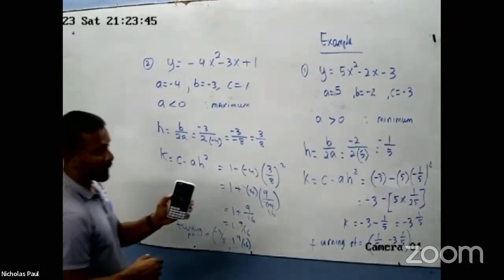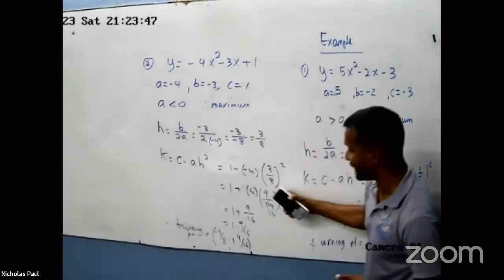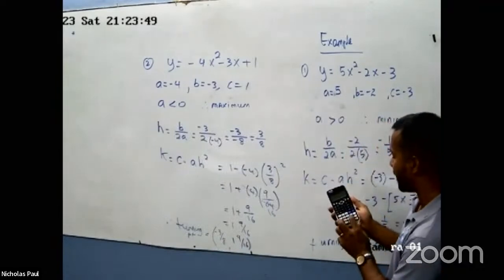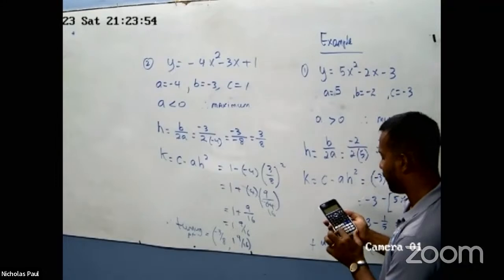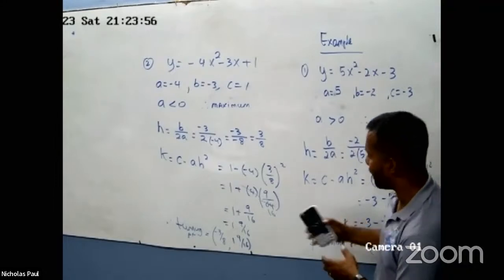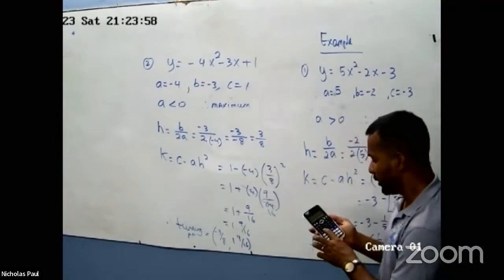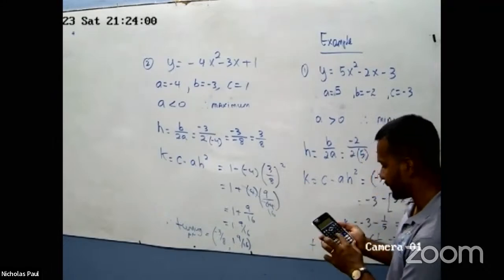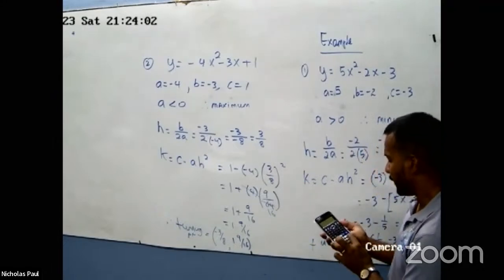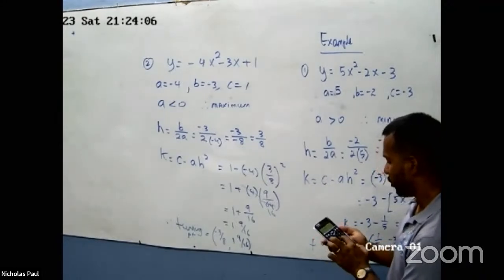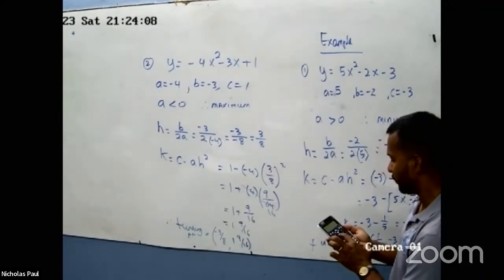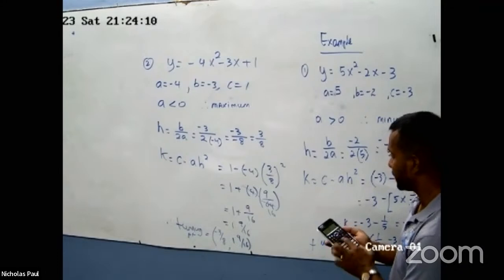So if I try to put this exactly as in the calculator, it'll be 1 minus, open brackets, negative 4 multiplied by, open brackets, 3 divided by 8, close brackets, all squared. And I close brackets. Right?